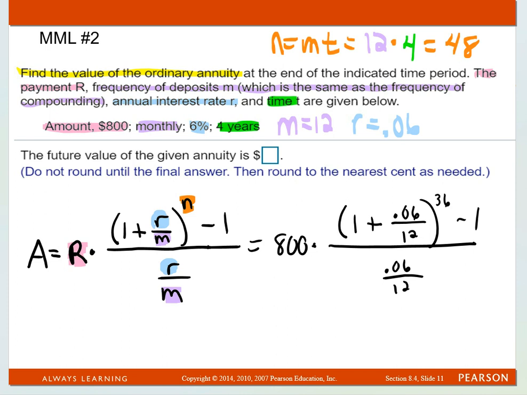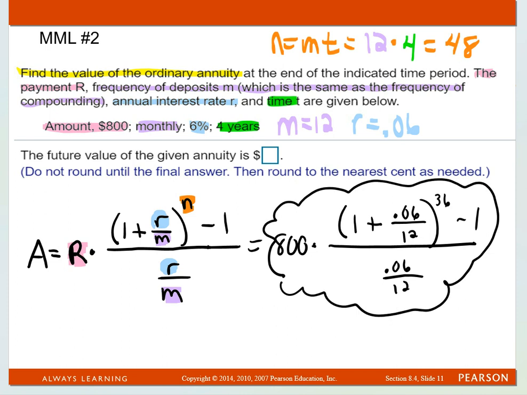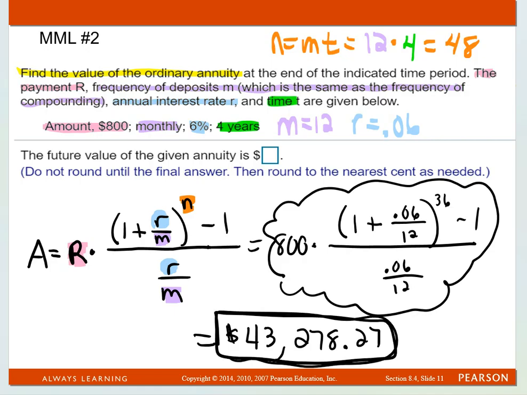I show you how to take all of this stuff right here and plug it into your calculator. And when you do, you should get $43,278.27. That is how much will be in this annuity at the end of 4 years.